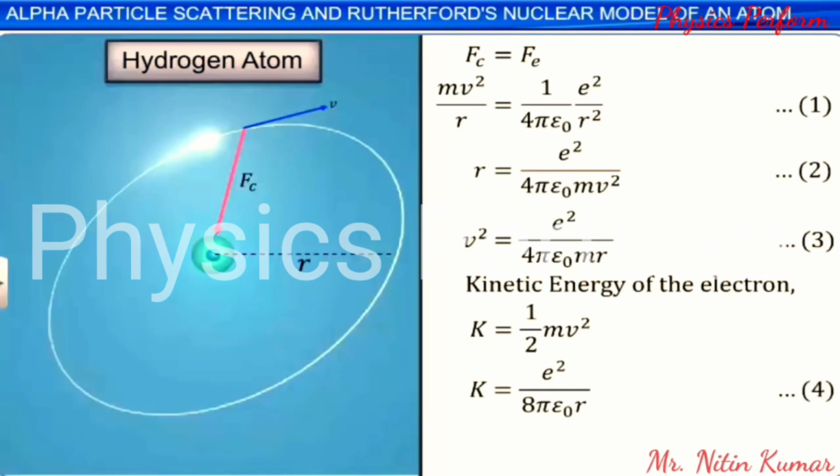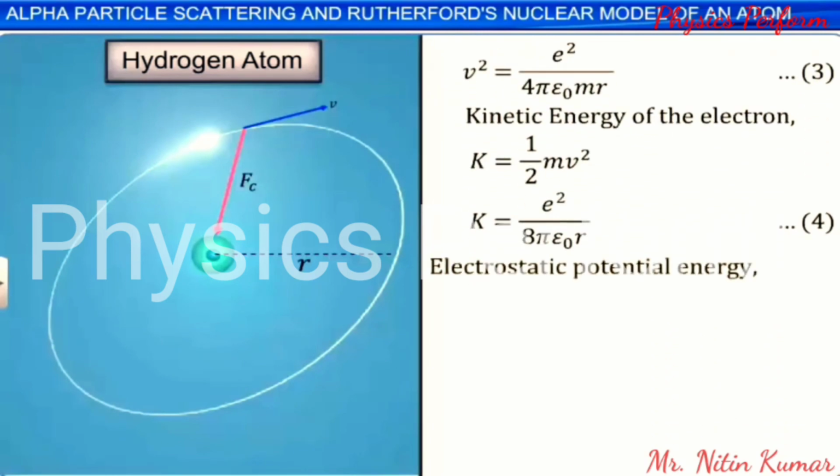The electrostatic potential energy of the electron U is equal to minus e square by 4 pi epsilon naught r. Let this be equation 5.